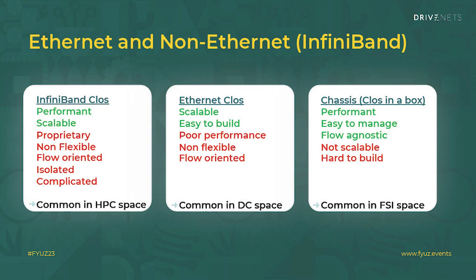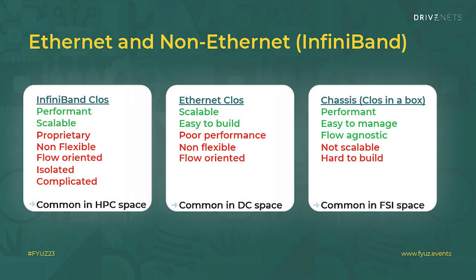Second type of solution is Ethernet, right? It's definitely scalable. You can throw in switches in a data center. What happens when you throw too many? Just the performance is not there in terms of jitter, delay. You have packet loss. Again, is probably not the most suitable type of application. And also, we have a chassis, okay?